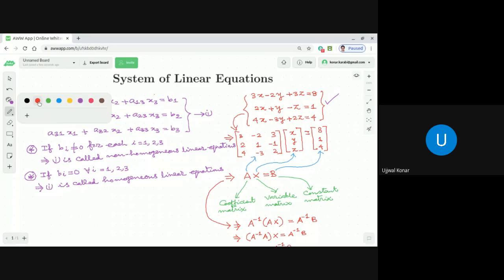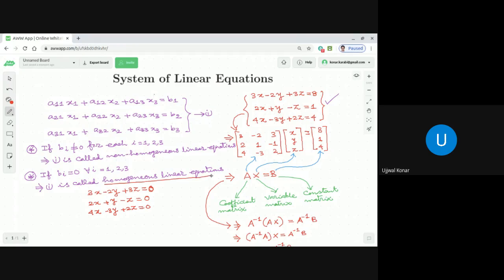It will be something like this: 3x minus 2y plus 3z is equal to 0, then 2x plus y minus z is equal to 0, and 4x minus 3y plus 2z is equal to 0. When we write it like this, we call it homogeneous linear equations because the constant matrix becomes a null matrix.